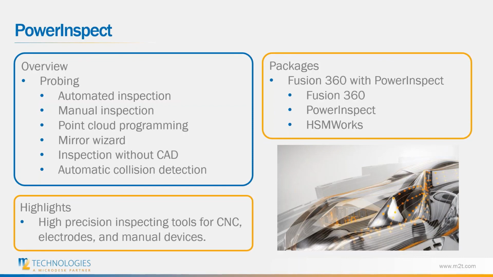This can then be imported back into Power Shape to reverse engineer that model. And lastly, there's automatic collision detection for your probing device. Highlight is really the high precision inspection tools for the CNC electrodes and even for the manual and handheld inspection devices.